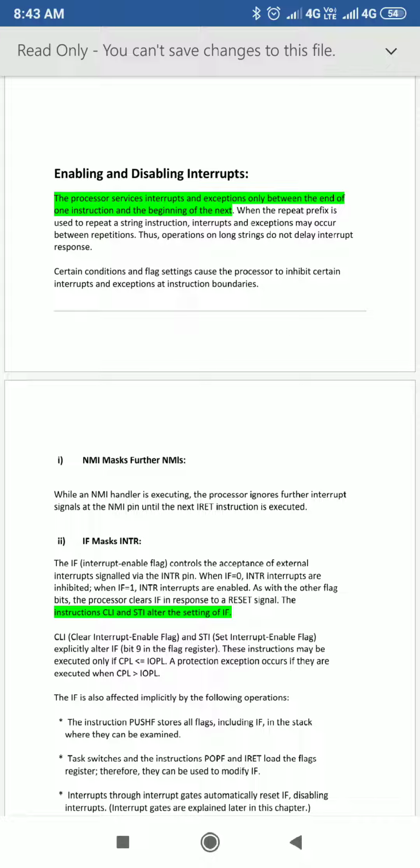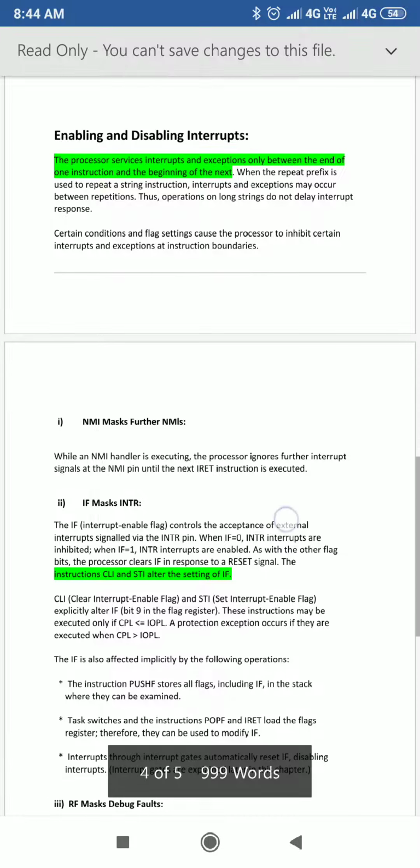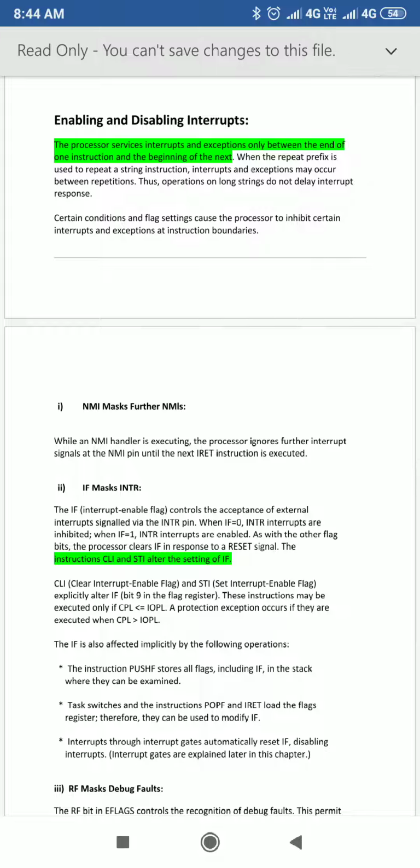Now, the conditions. Like NMI masks NMI. What does it mean? Non-maskable interrupt masks non-maskable interrupt. In that, if the microprocessor is servicing an NMI interrupt, the processor neglects the interrupts that occur on the NMI pin till the IRET instruction is executed.